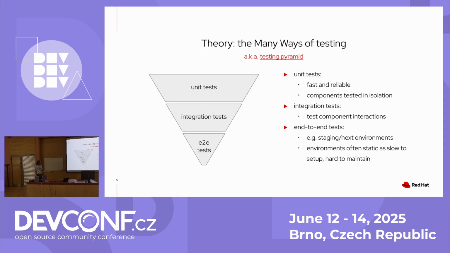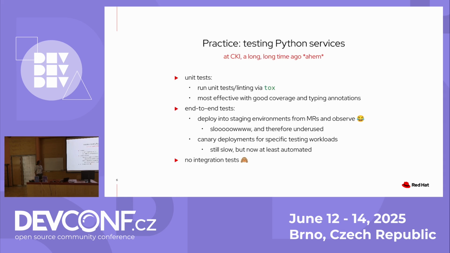That's the theory. At CKI, maybe 2 years ago, we had all of this unit testing going on and we were improving coverage, so that was working nicely. And we had these end-to-end tests that we had for ages.